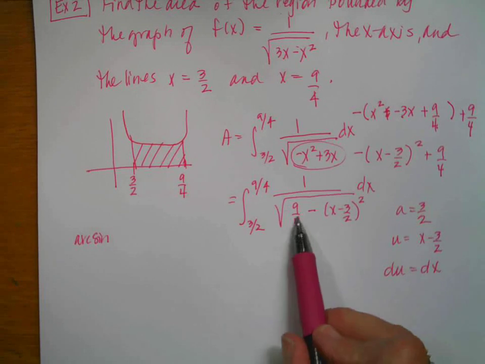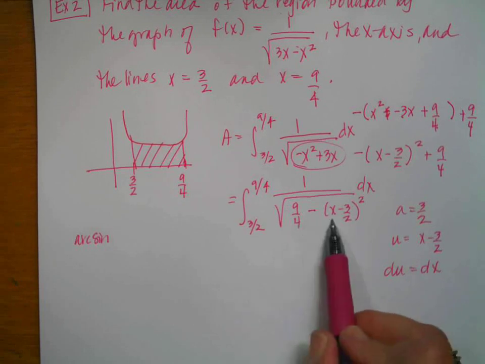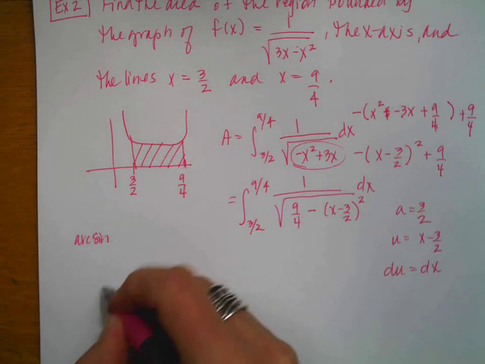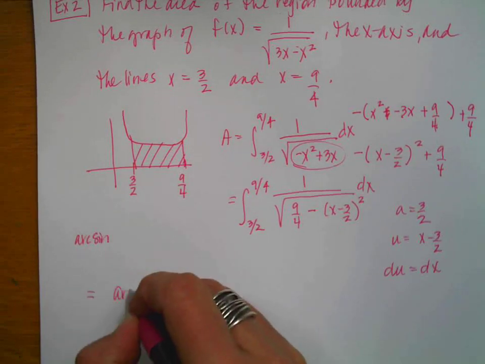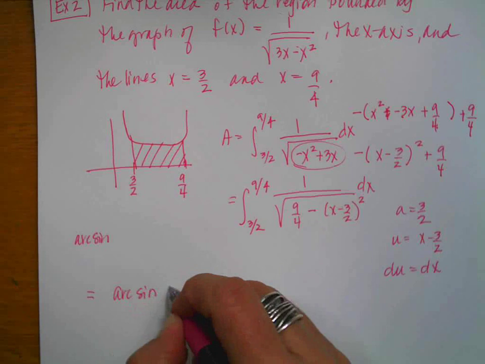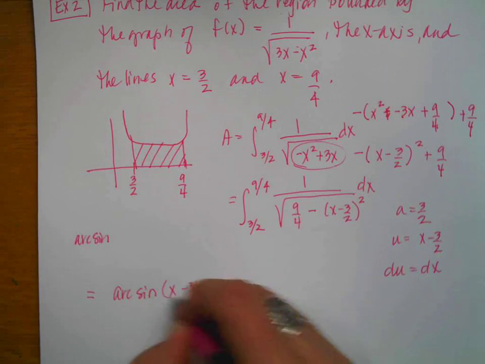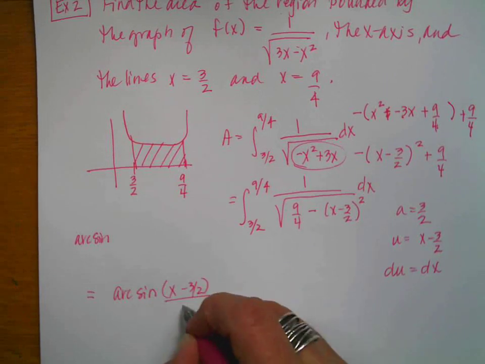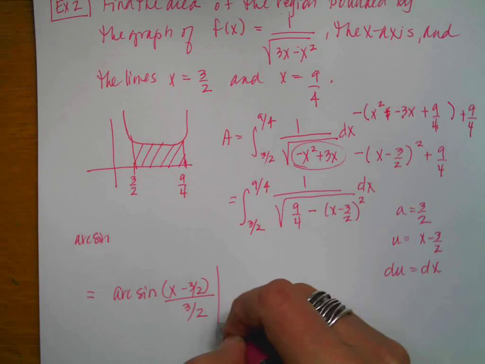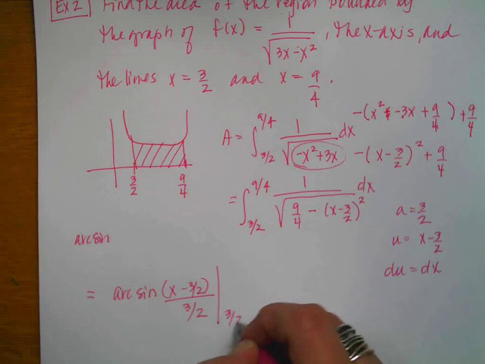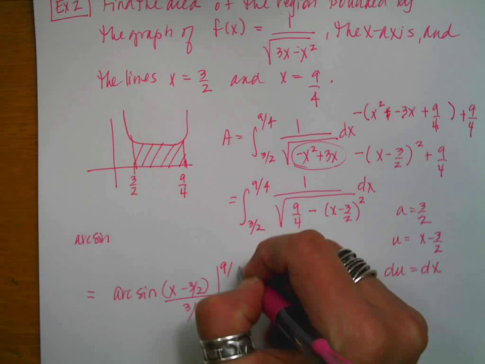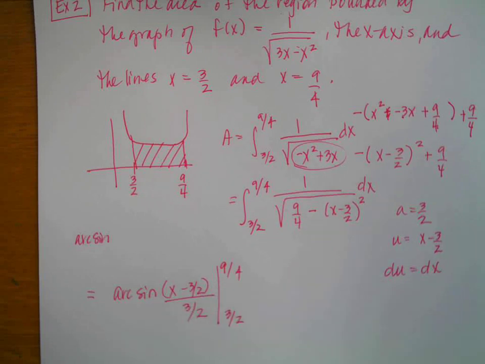Now this is just the square root of a squared minus u squared. So this is going to be arc sine of x minus 3/2 over 3/2, and I'm going to evaluate from 3/2 to 9/4. Alrighty, so far so good.